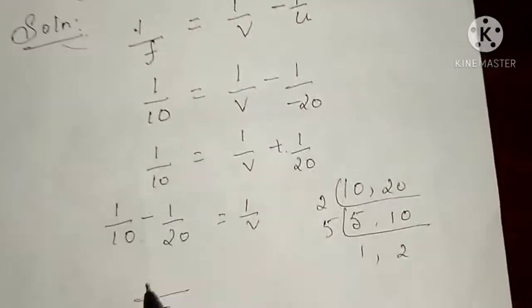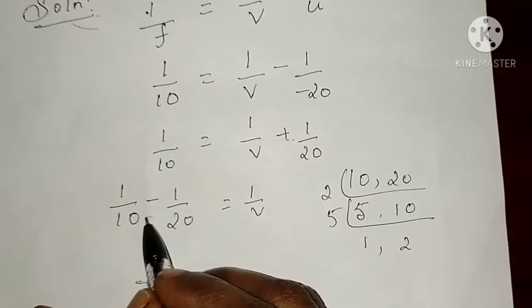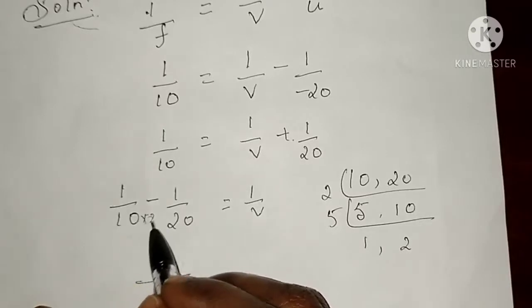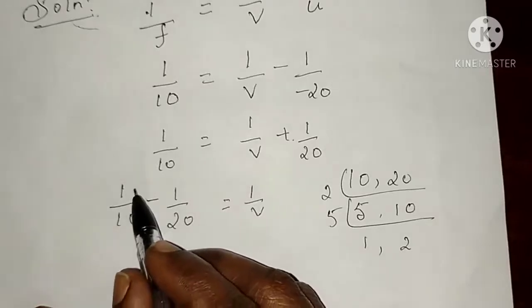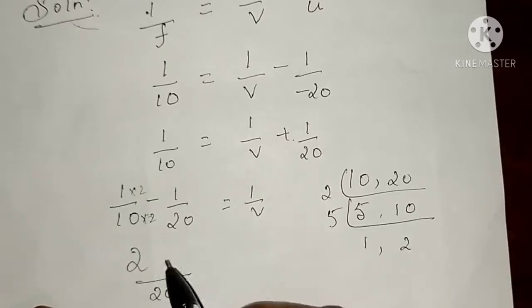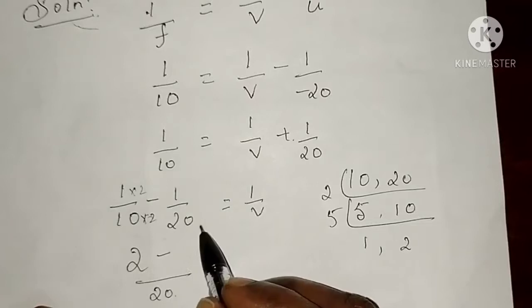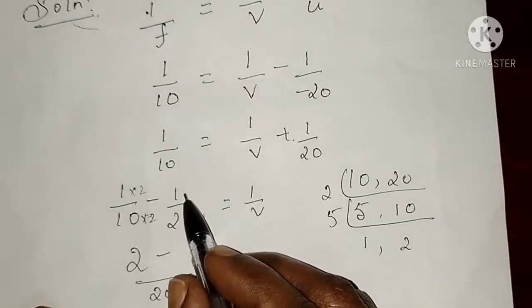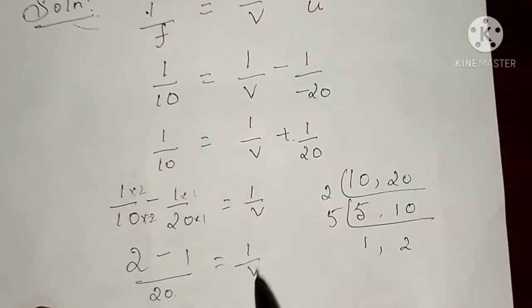Okay, 20. Now if you take this here, that is 10 into 2, 20, same base. So here also multiply by 2. 1 2 is 2, so here write 2 minus, here already 20 is there, here also 20. So you have to multiply with 1, isn't it? So 2 minus 1 equal to 1 by v.